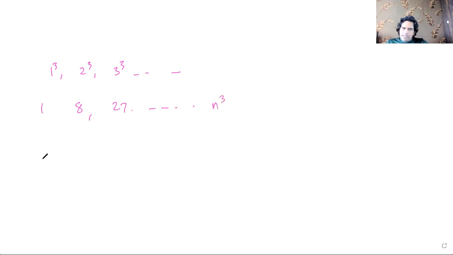Sometimes they start with 8, 27, 125. In that case, this will be n plus 1, the whole cube, as it starts with n equals 2. As far as the cubic is concerned, it will be more of this way rather than a complicated form like we did for the quadratic. So this is the summary of the revision for the sequence.